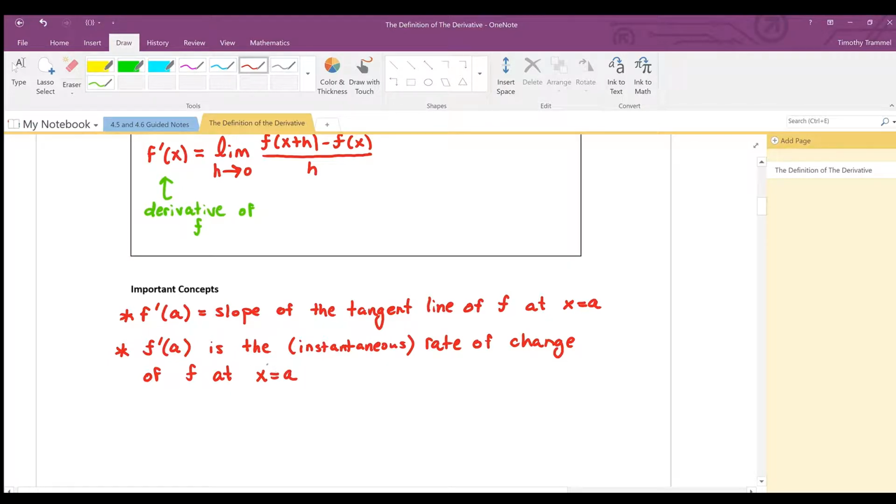And there's actually even one more thing I want to say about that. If we were to take the derivative of f at a, what would the units of those be?